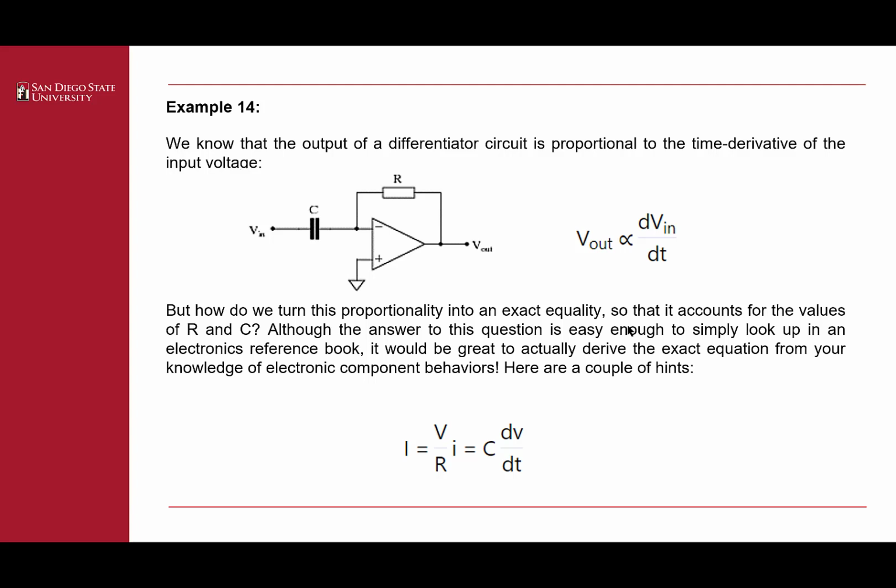So we have two different voltage values here. And we should also pay attention to find out what kind of substitution we should do. And here, if we apply these hints to our circuit, Vout would be equal to I times R.